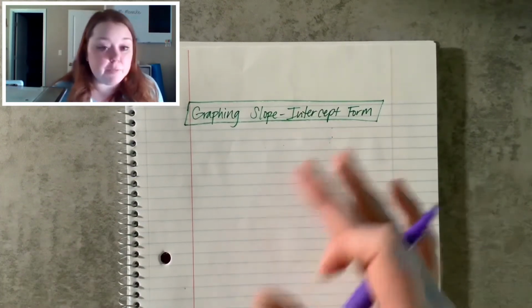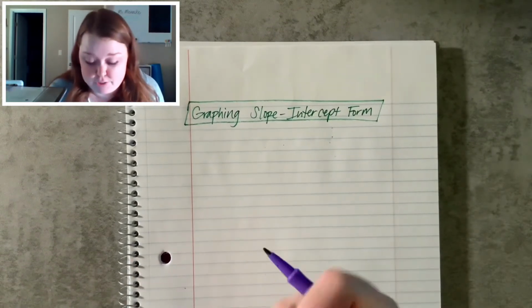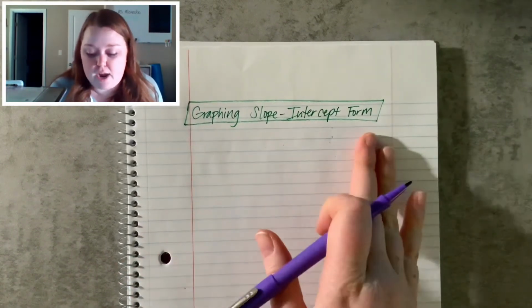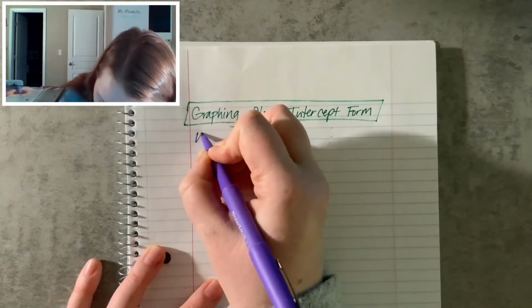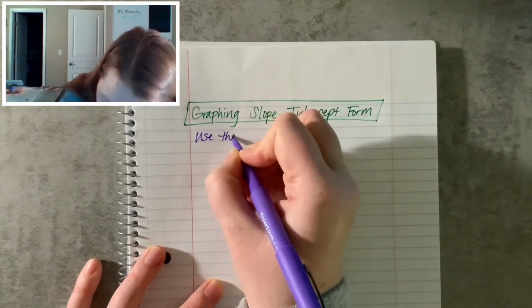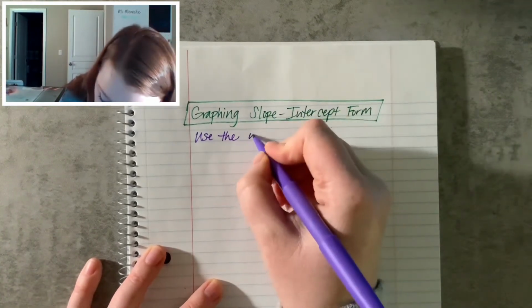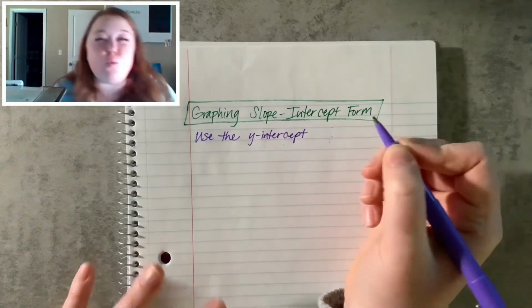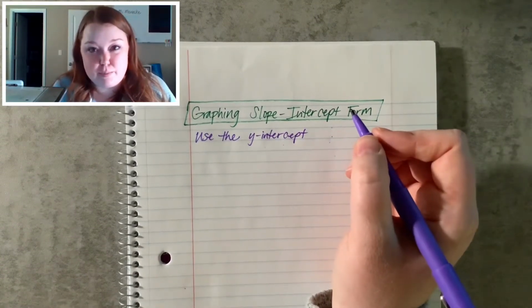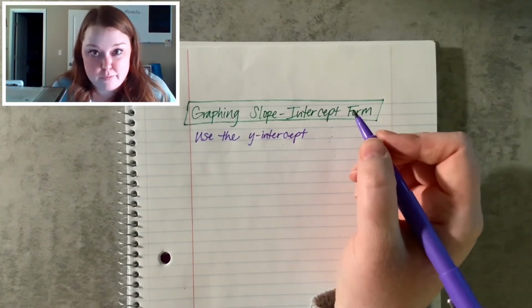So let me give you instructions. Okay, so we're going to write directions on how to graph slope-intercept form. So here you go. Use the y-intercept. Okay, and what letter represents the y-intercept? M or B?